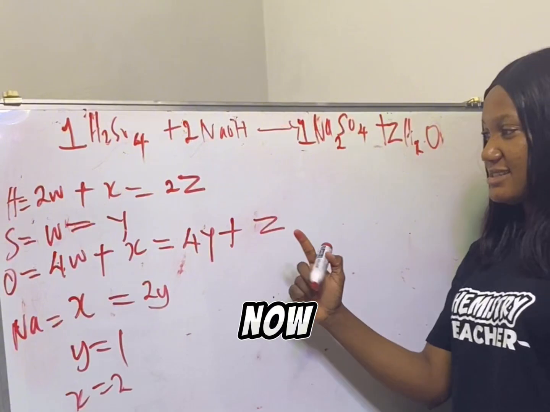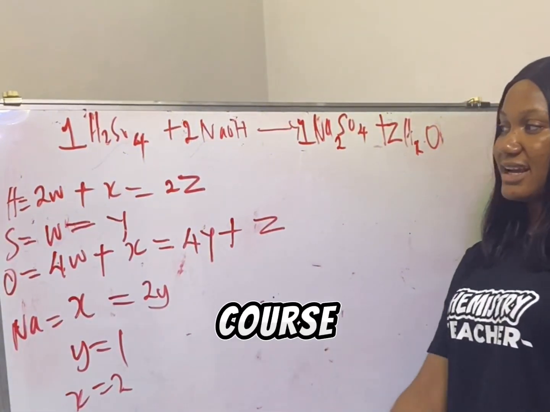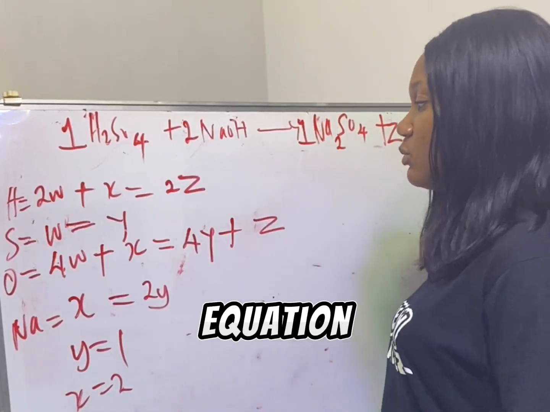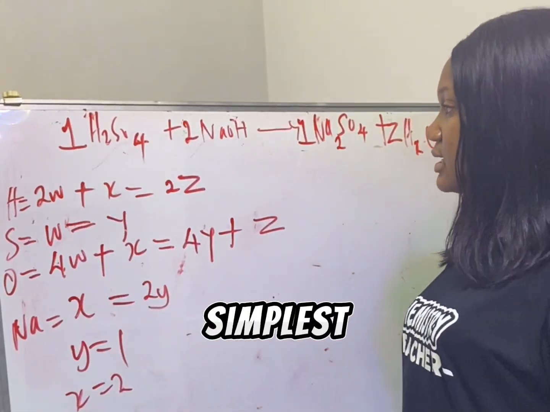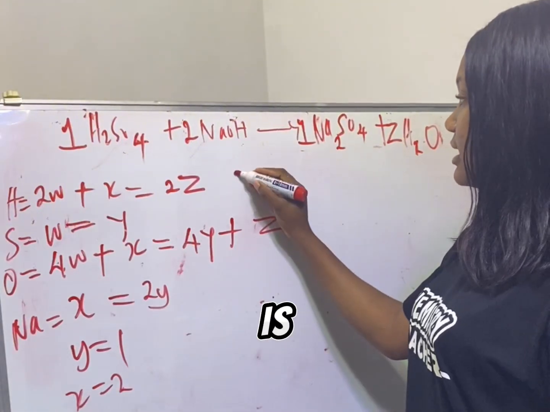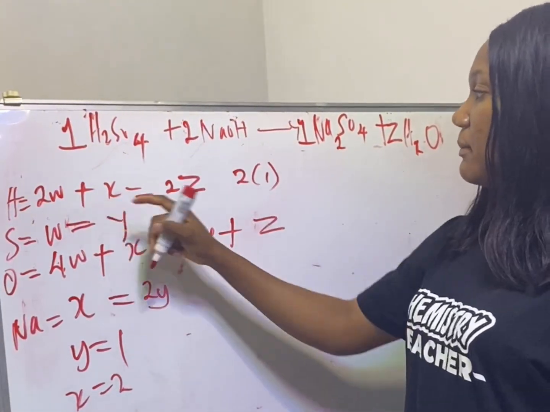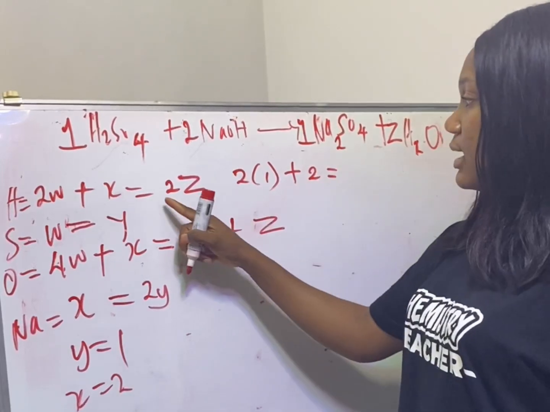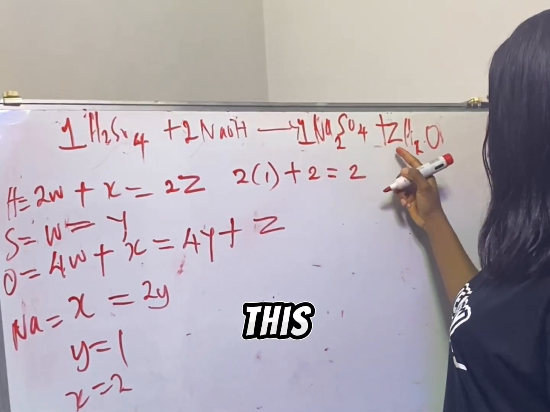Now, the last one is Z, and of course, this will now be very easy. I can use any of the equations. Let's look for the simplest equation. I think this is the one. This is the simplest equation having W, X, and Z. So my W is 1, my X is 2. This is equal to 2Z.